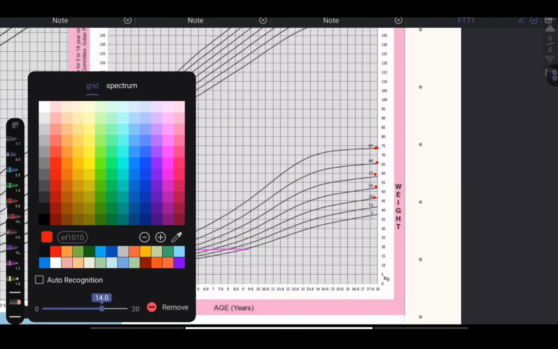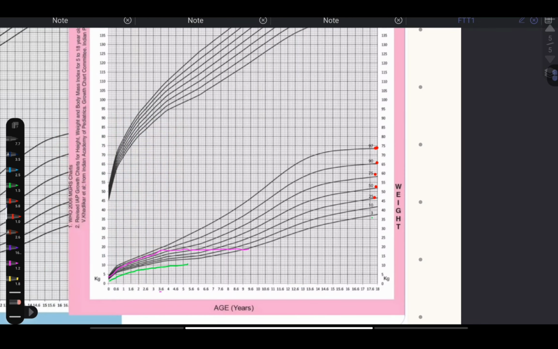So again we'll take say the red color to describe it. Let's say initially the child was following this 97th centile curve, and after a certain age there is growth faltering. See, here it was following the 97th centile curve and it has finally reached below the third centile.